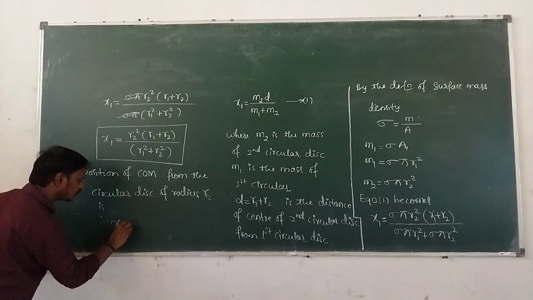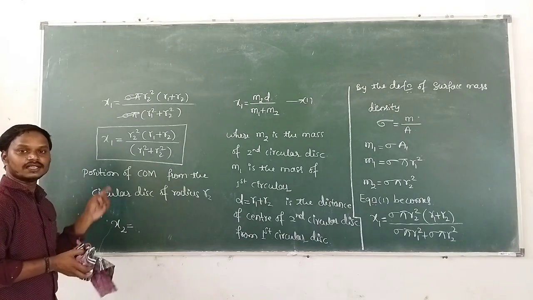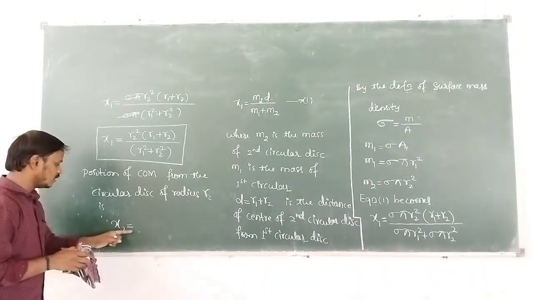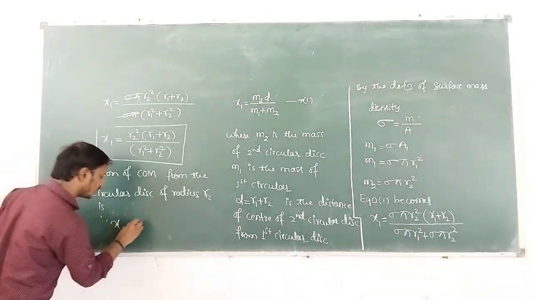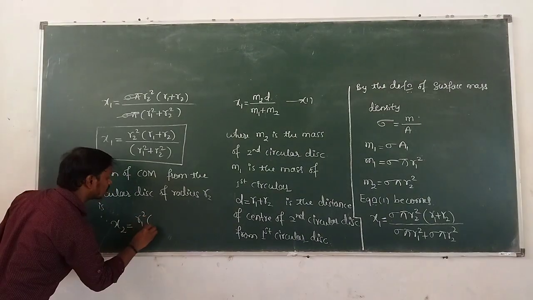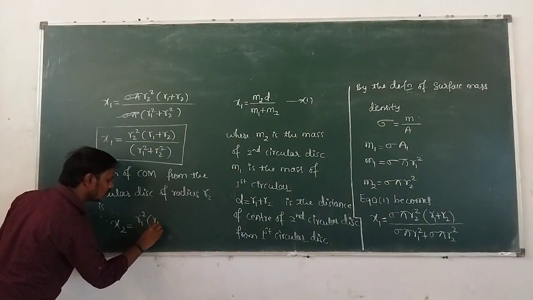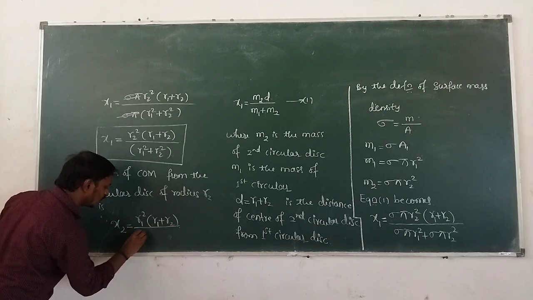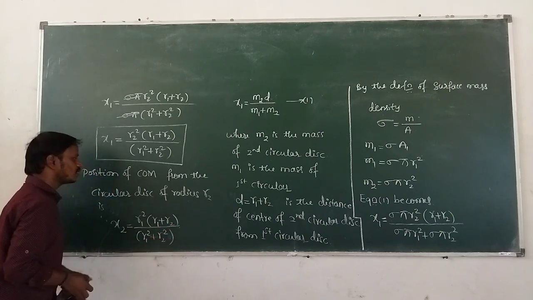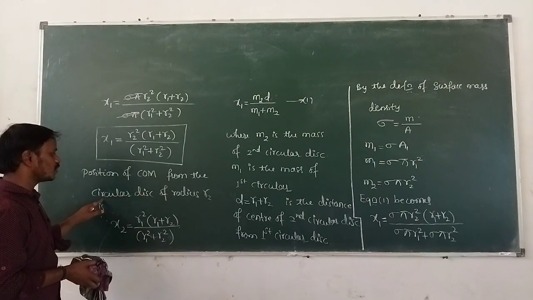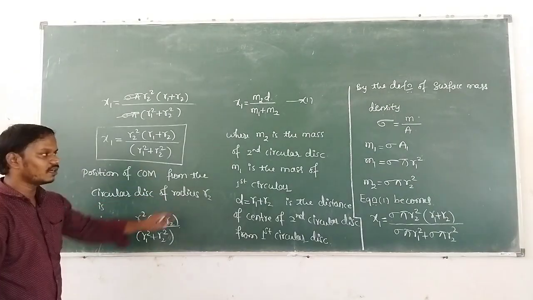We are going to find the position of the center of mass from the second circular disk. Then x2 is equal to, instead of r2 square I will write r1 square. Then the remaining is the same, r1 plus r2 divided by r1 square plus r2 square. Hence this is the position of the center of mass from the circular disk of radius r2.